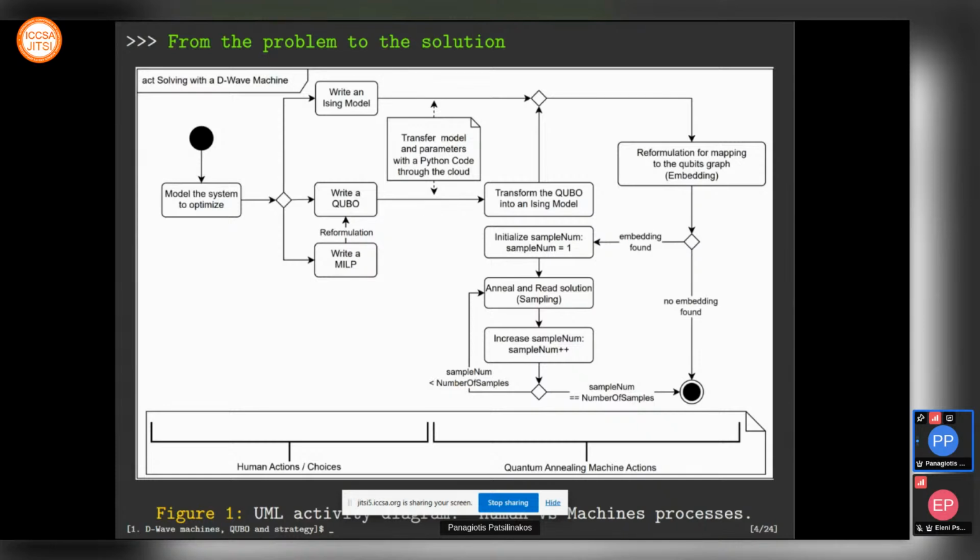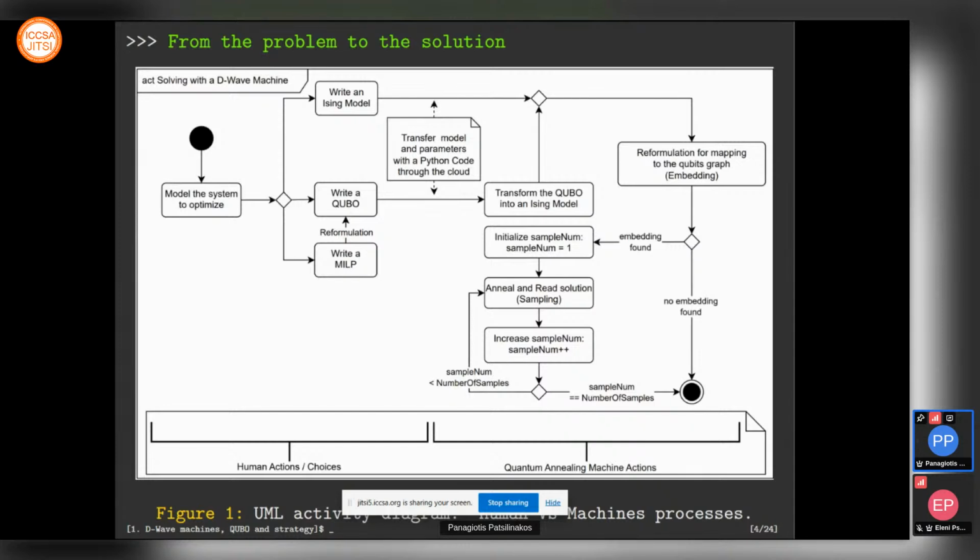So here we have a human action. We start with a system to optimize. We can, for example, directly write a mixed integer linear problem. We must reformulate it into a QUBO or an Ising model, which is an isomorph of a QUBO with -1 and +1 variables. In any case, the computer will transform our QUBO or directly work with the Ising model.